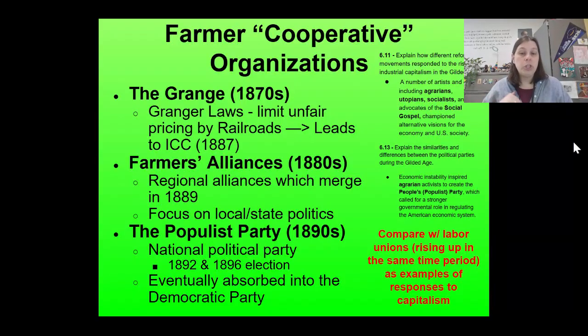So again, Grange, Farmers Alliance, Populist Party are all really good specific pieces of information to talk about how farmers respond to the problems that they have during the Gilded Age. A good point of comparison is that none of these are labor unions, but they're similar to labor unions in that they are cooperative organizations formed by workers, right? And in this case, in response to the problems of industrial capitalism.